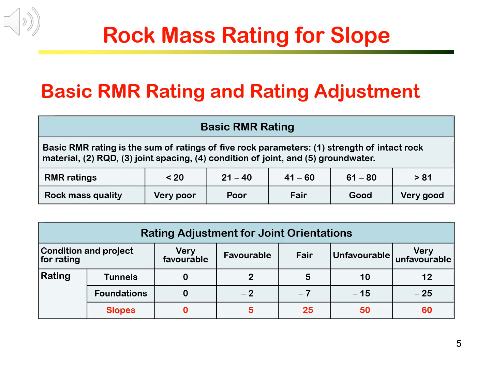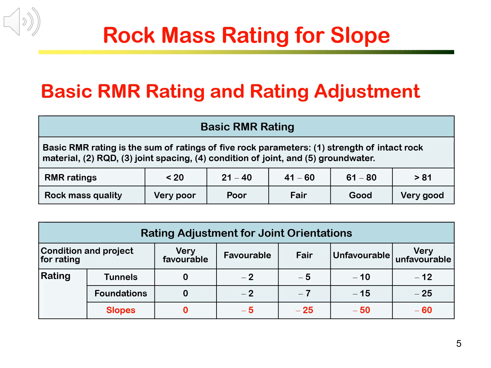Note the maximum basic RMR rating is 100. Therefore, adjustment rating of -60 is very significant. It can change the rock mass quality from very good to poor after such adjustment.